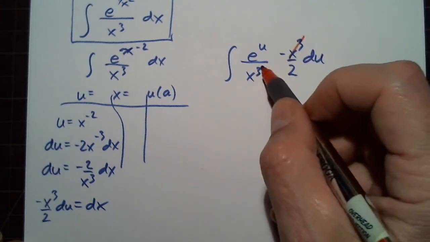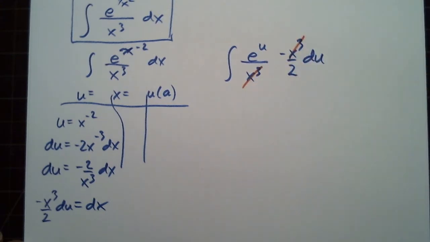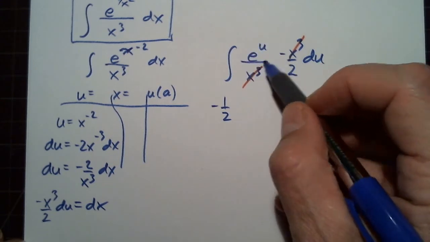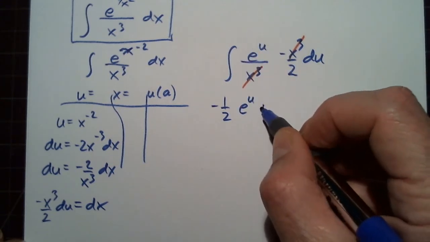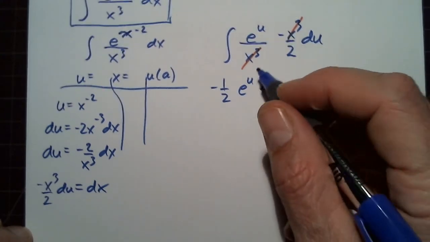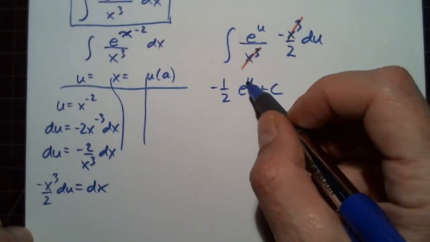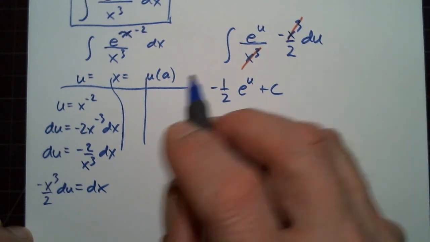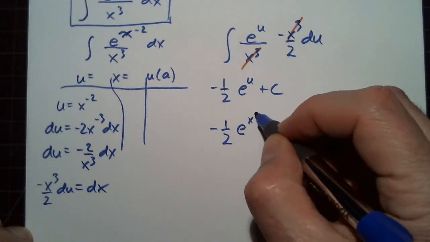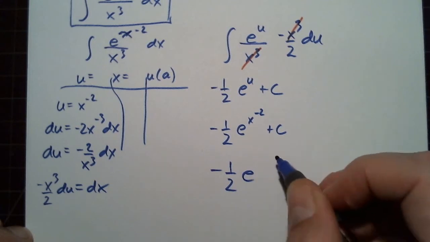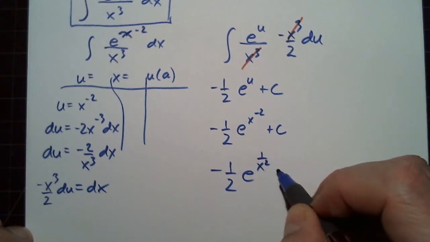So we get to cancel x cubed, and we'll have -1/2. The antiderivative of e to the u is e to the u. And then we just substitute for u, -1/2 e to the x to the -2, and it could also be written as 1 over x squared.